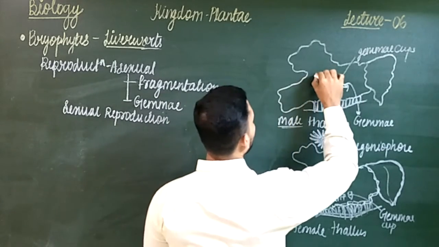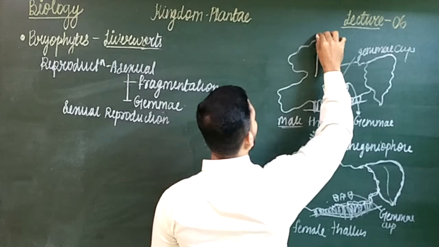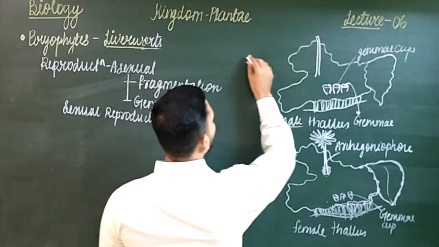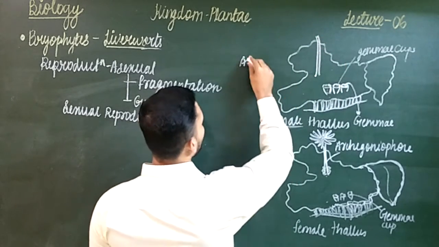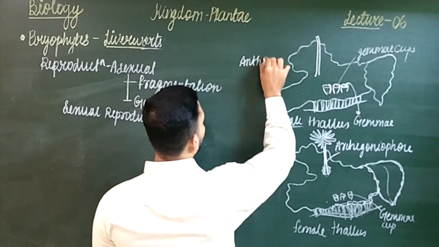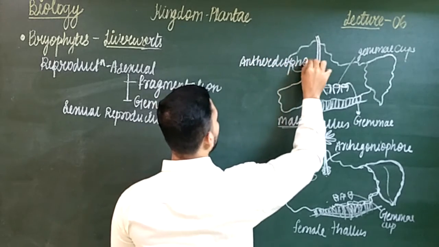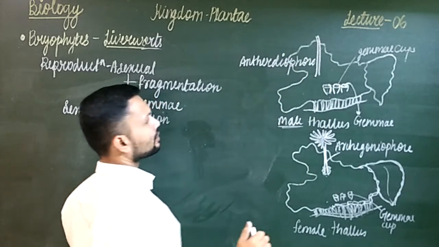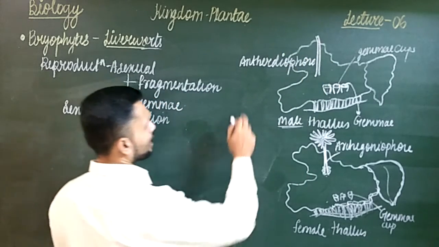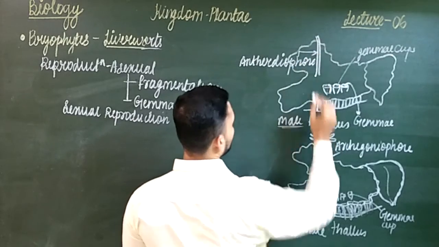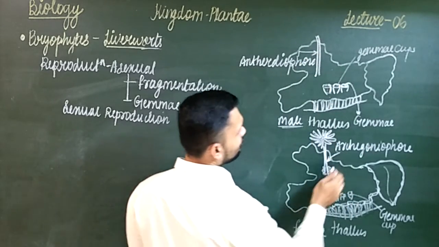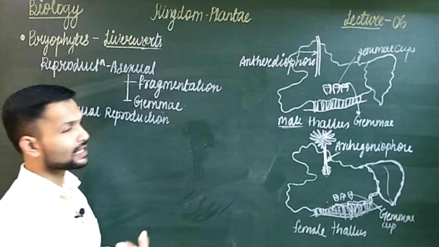Whereas on the contrary, the male thallus will produce antheridiophore, the branch which bears the male sex organ, and archegoniophore means the branch which bears the female sex organs.